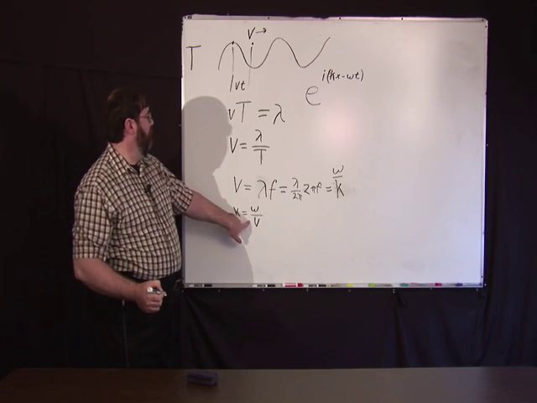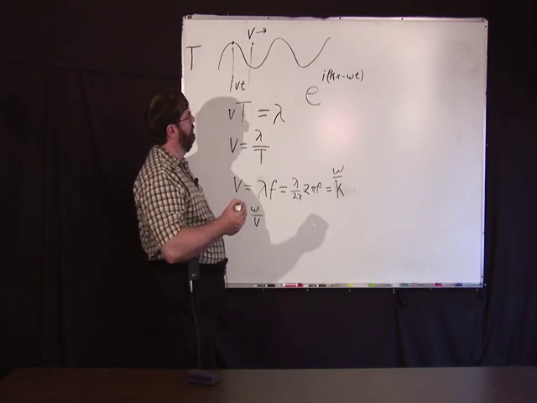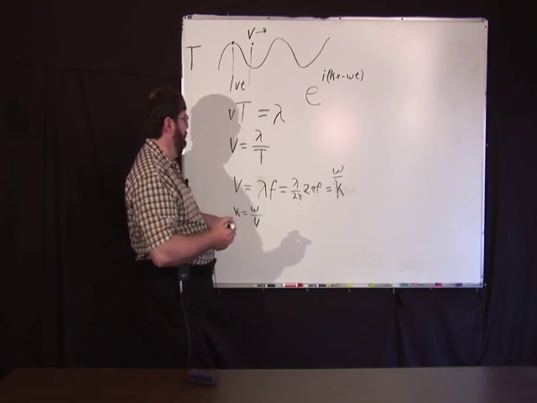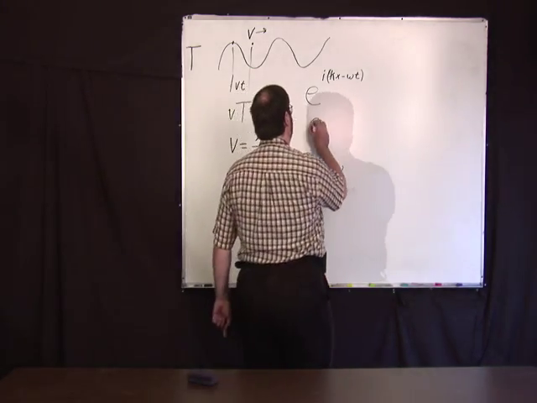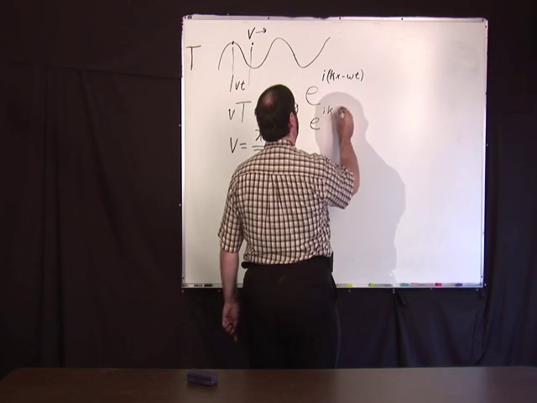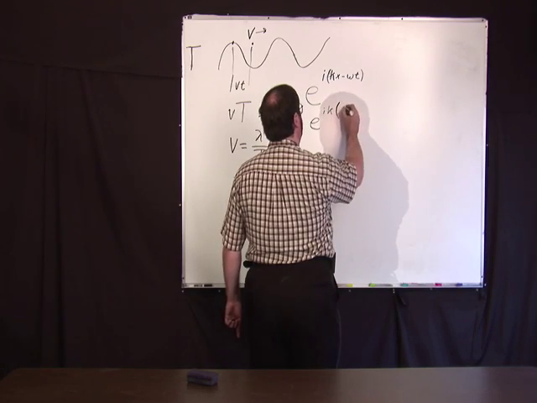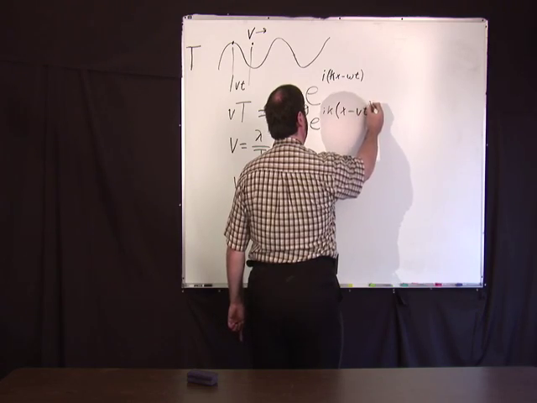We can look at that. k is omega over v, so we could also say that omega is kv. So this is like e to the i k times (x minus vt).